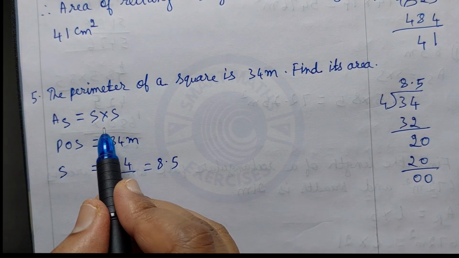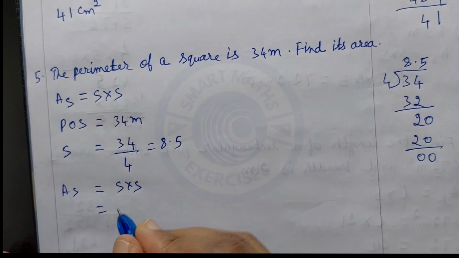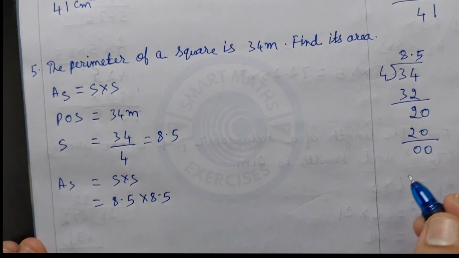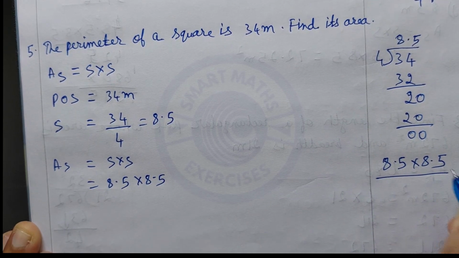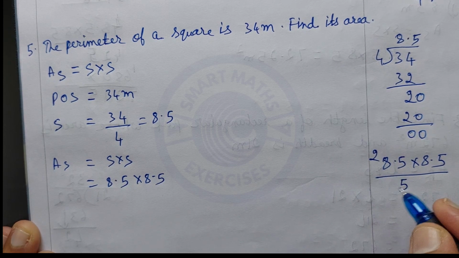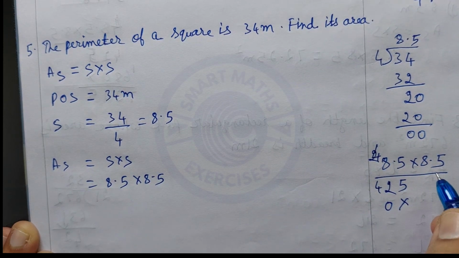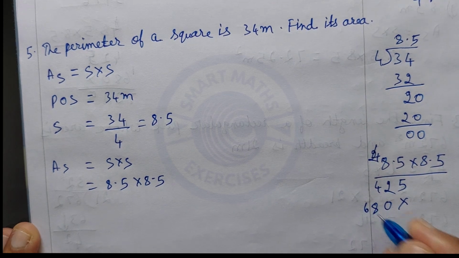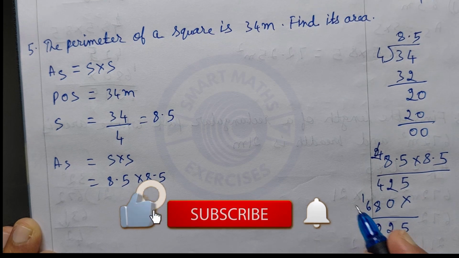Area of square is side into side. 8.5 into 8.5. Multiply 8.5 into 8.5. 5 5s are 25. 5 8s are 40. 40 plus 2 is 42. 8 5s are 40. 8 8s are 64 plus 4, 68. 5, 2, 12. 6 plus 1 is 7.